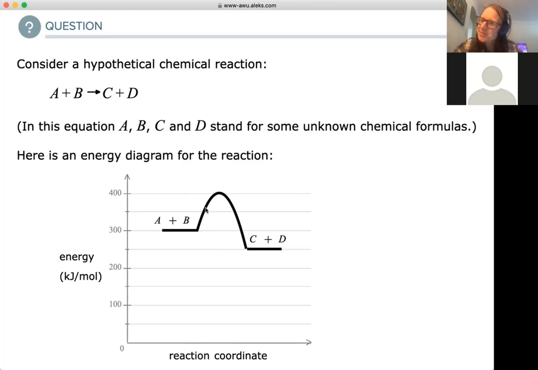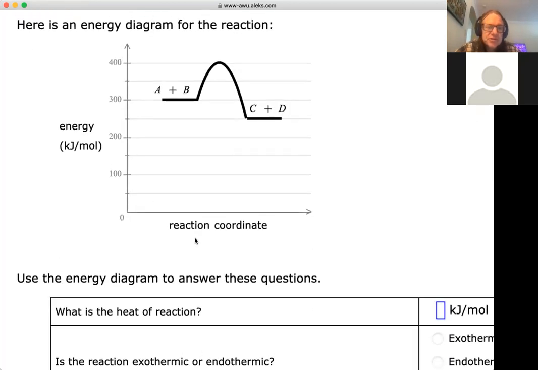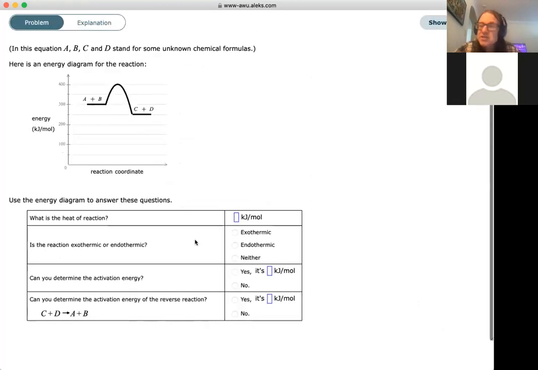So we call that exothermic. If the bonds of the products are stronger, they're going to be lower energy. So here they're lower energy, so these are stronger bonds. These are higher in energy, so these are weaker bonds. Okay, so let's look at the questions. What is the heat of reaction? That's delta H. That's the difference in energy between the reactants and products. It's negative 50 kilojoules per mole. Why negative?